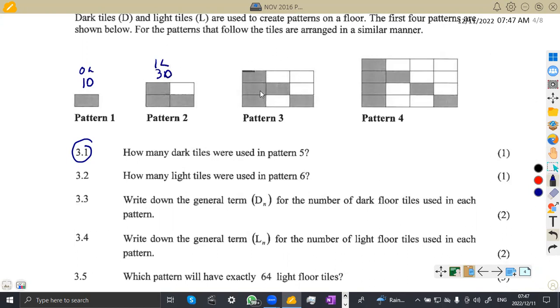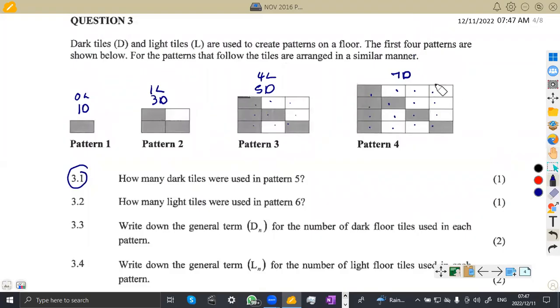On pattern 3, we've got 1, 2, 3, 4, 5. So we've got 5 dark and 1, 2, 3, 4, so that is 4 which are light. Then 1, 2, 3, 4, 5, 6, 7. We have got 7 which are dark. 1, 2, 3, 4, 5, 6, 7, 8, 9, and 9 which are light.